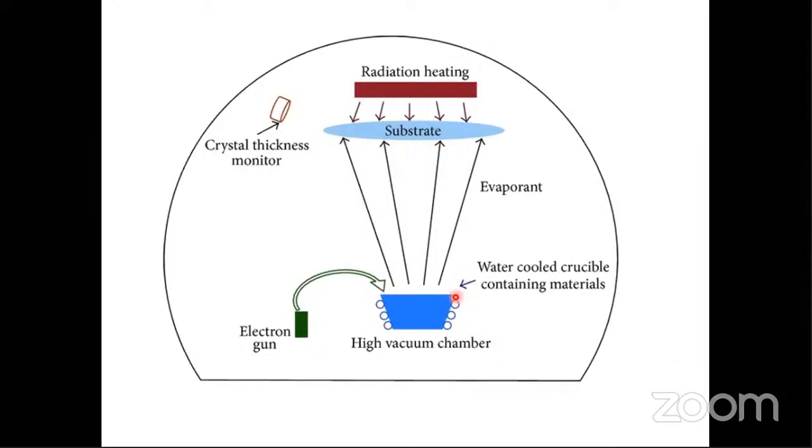There are some arrangements for passing cooled water through the crucible so that the crucible doesn't get heated and disturb the apparatus. As I have already mentioned, this distance is very important in controlling the film thickness. So here is the crystal thickness monitor. What is that?